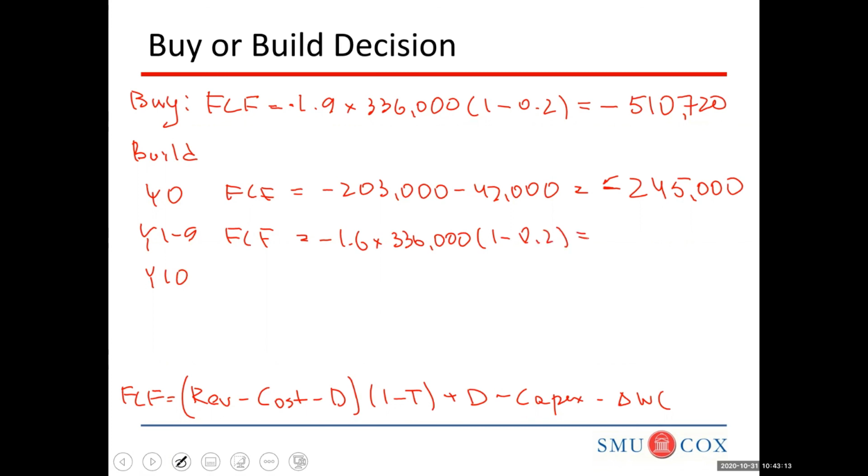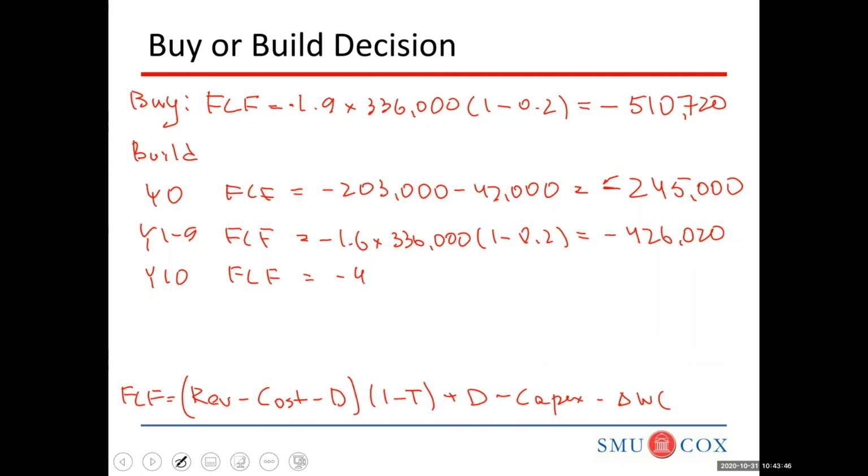So the cash flow will be a little bit less, right? They can do it cheaper in-house. So that'll be minus 430,080. And then the last year is the same as in year 9, but you get the release of working capital.